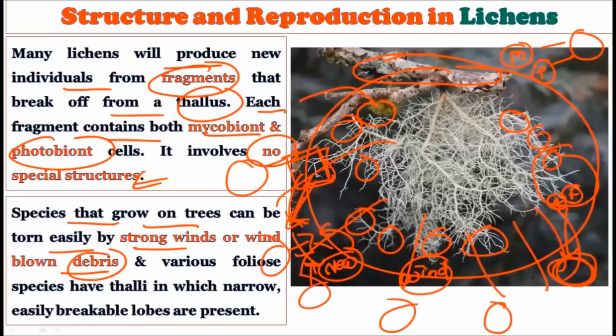This is how fragmentation occurs, by using the wind. So whenever there is a strong wind, the thalli of lichens attached to the trees break off. The fragments are created, and these fragments later get converted into new individual lichens, and this is how they reproduce vegetatively. So an exact copy of the parent is created.